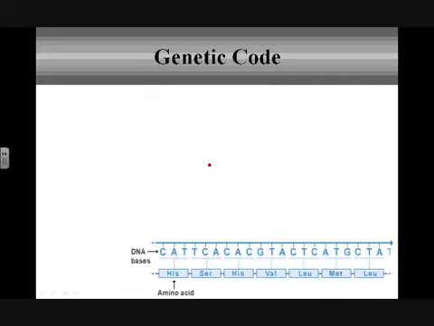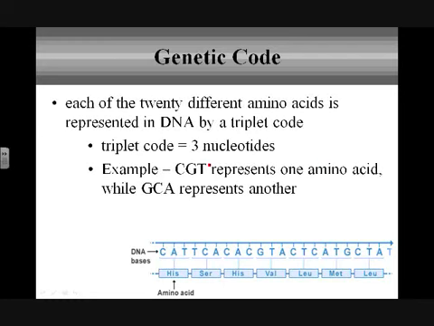A little bit more about the genetic code: amino acids are coded for by DNA triplets. There are basically 3 nucleotides, or what we really want to focus on is the idea that it's a 3-base sequence. So DNA is read in groups of 3, and those groups of 3 are responsible for 1 amino acid each. There are 20 different amino acids.